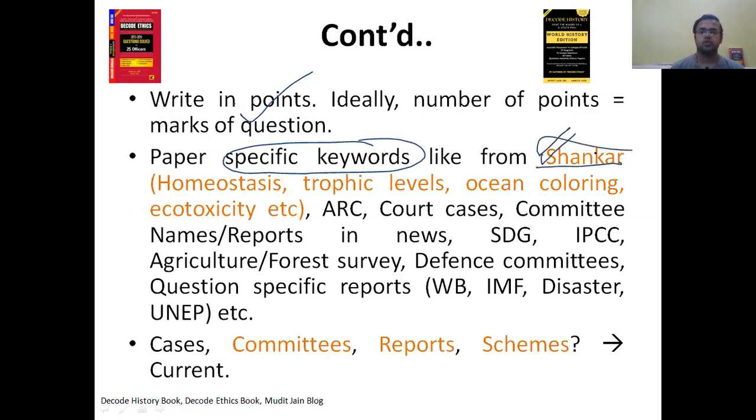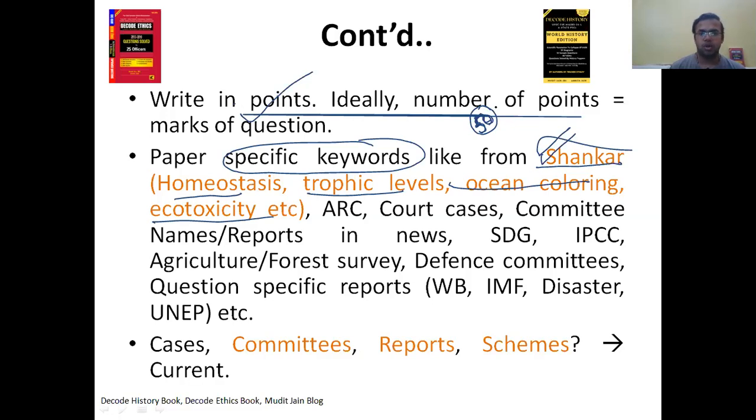So make notes of keywords like homeostasis, trophic levels, ocean coloring, ecotoxicity, etc. from the Shankar book. You will be easily able to make a list of 50 keywords, and in my view it is more than enough. So make a list of 50 keywords and just emphasize on using them.